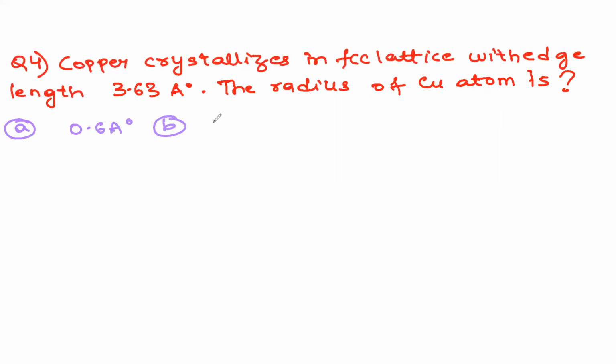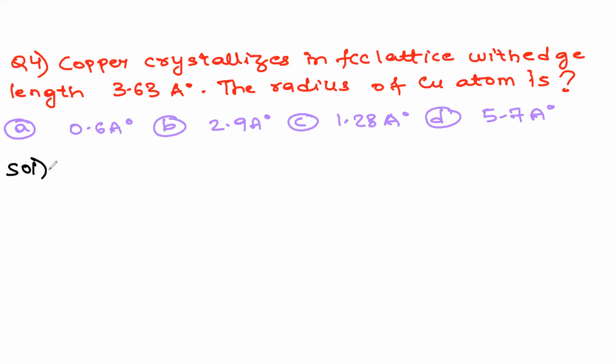So the radius of copper atom is: option A, 0.6 angstroms; option B, 2.9; option C, 1.28 angstroms; and option D, 5.7 angstroms. Now we'll see the solution. So already we know, for FCC, the relation between radius and edge length is R is equal to a by 2 root 2.